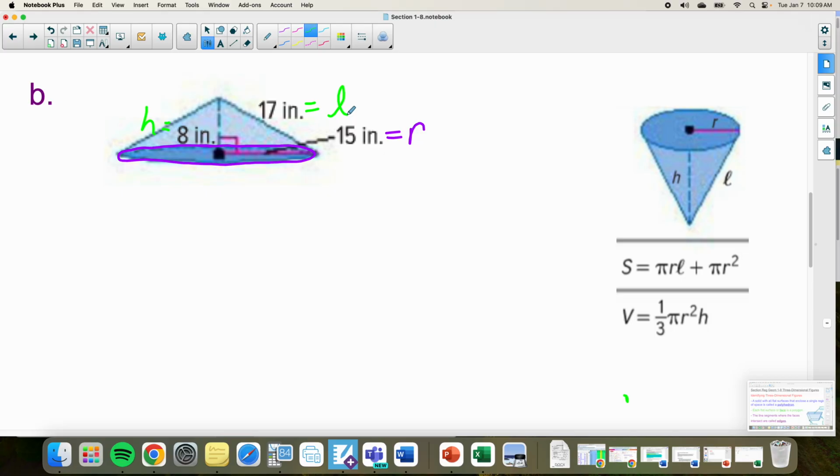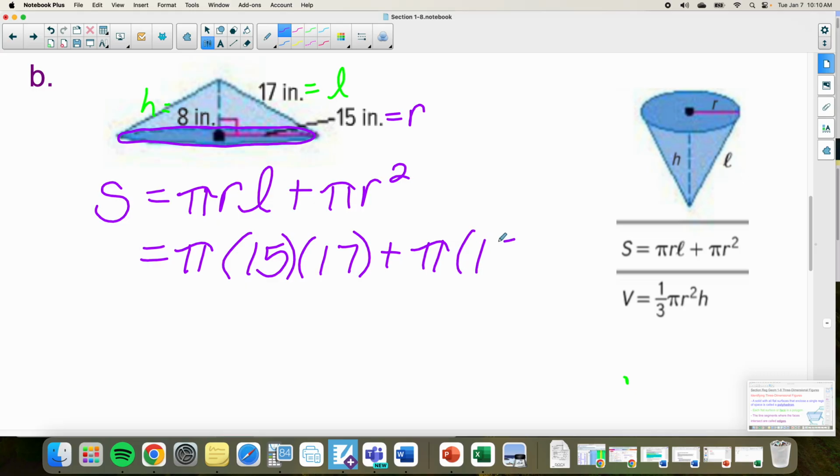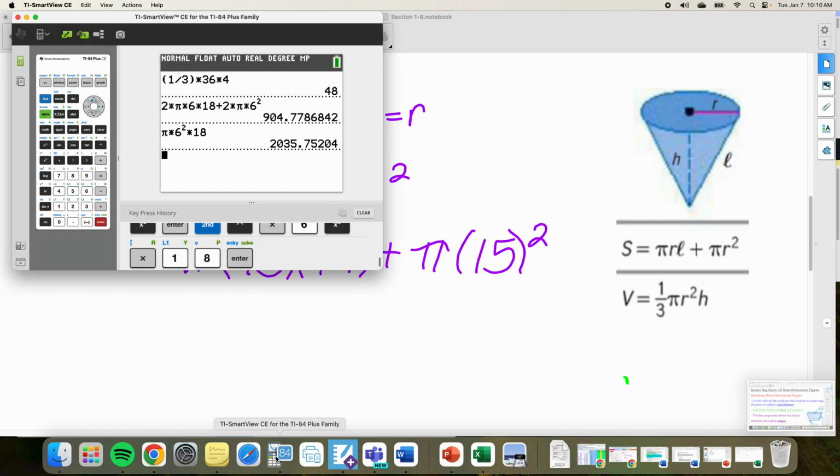So now let's write our formula down. S equals pi r times the slant height plus pi r squared. Okay, so we're gonna go pi, our r is 15, our slant height is 17 plus pi, and our radius is 15 squared. Okay, now again, we can type that right into our calculators.